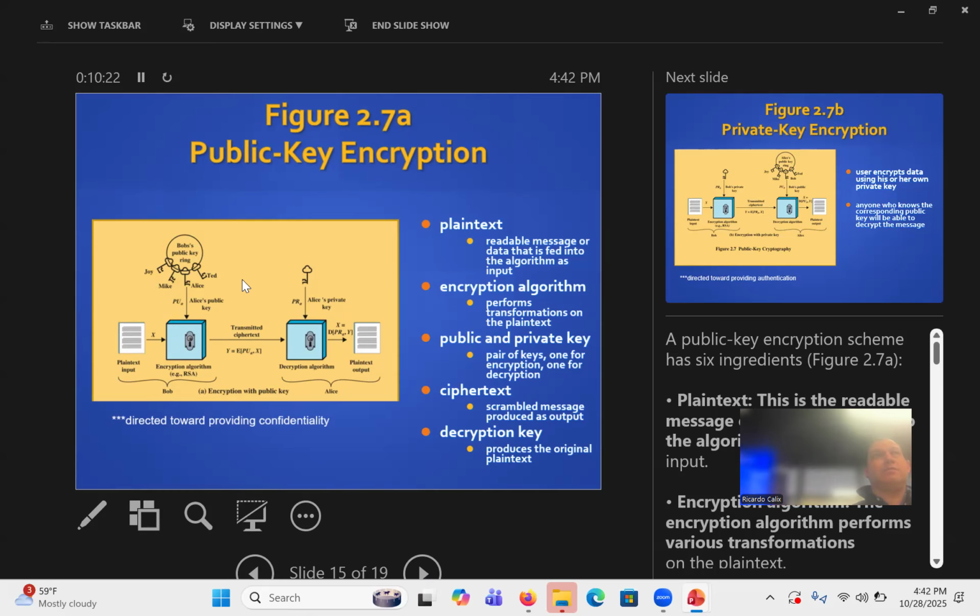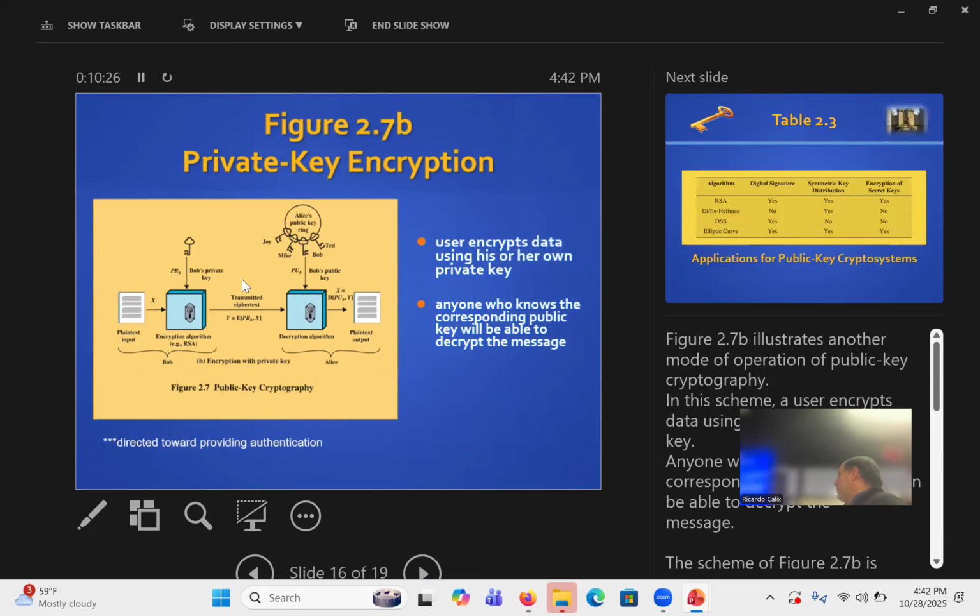Questions on that scenario? All right, now the contrast for authentication. Notice down below this slide says directed towards authentication. So here, Bob again takes the plain text message and has an encryption algorithm RSA, but now Bob uses his private key and sends it over the insecure internet.